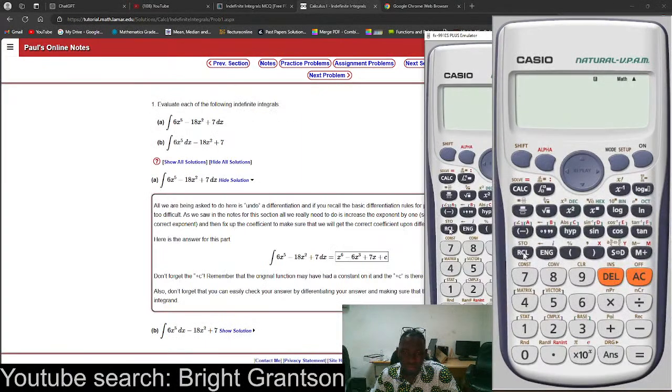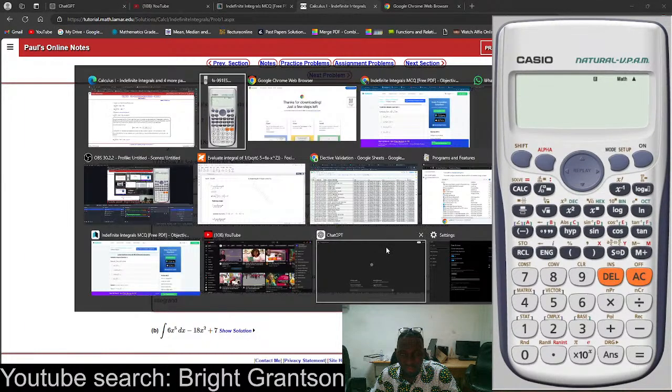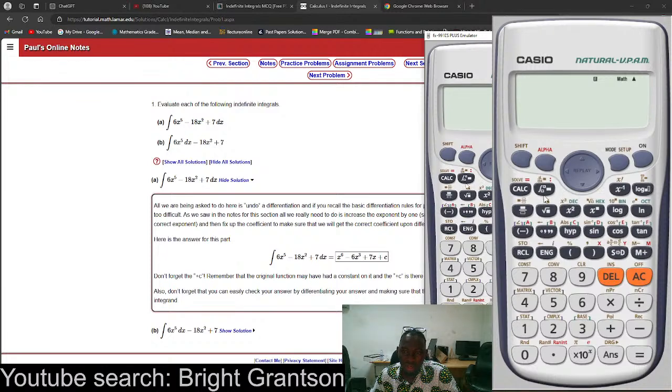If we have this integral and want to solve it, for example as a multiple choice question, we take the fraction and this integral, which is 6x to the power 5 minus 18x squared plus 7. We won't punch the dx, we are punching only the function.